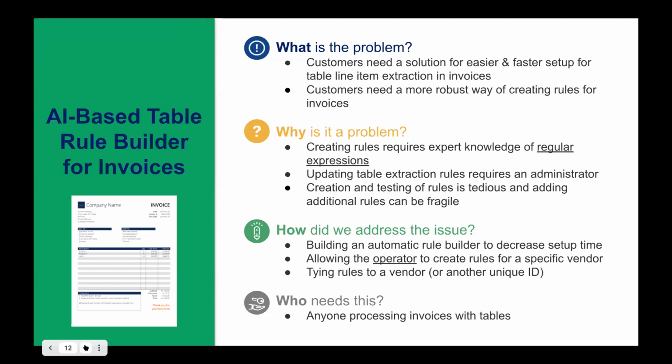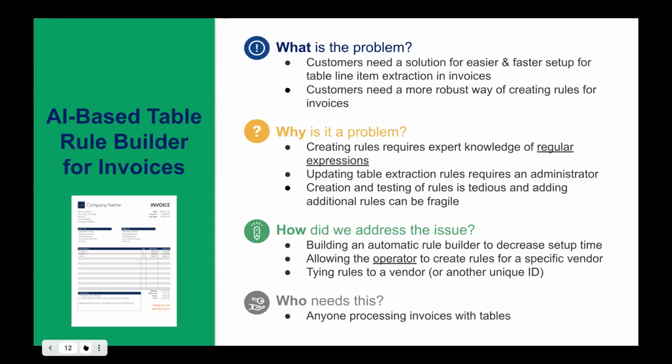How do we reduce that regression effort to ensure our previous table rules aren't affected? How do we bring operators into helping create these rules without inadvertently causing problems for those other vendor rules?